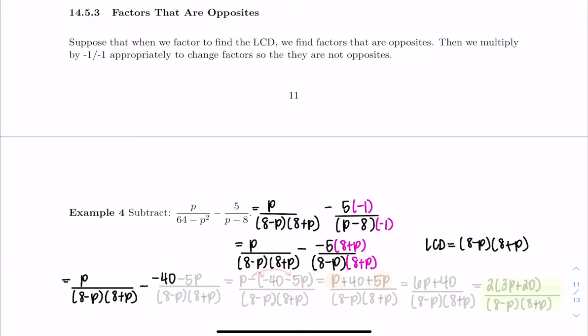So we get -40 minus 5p all over the LCD. And because we have the same exact denominator, we can combine the tops. So we have p minus -40 minus 5p all over the LCD.